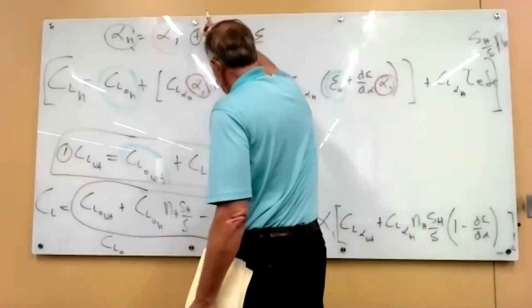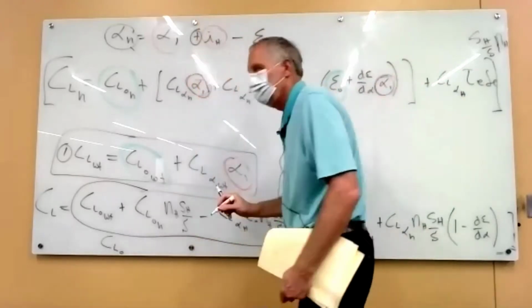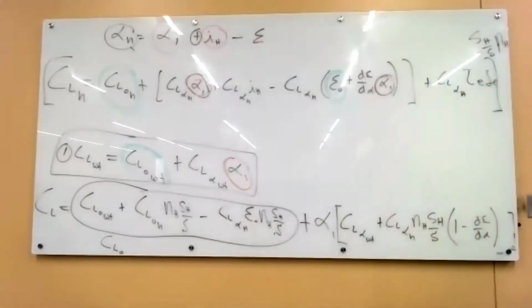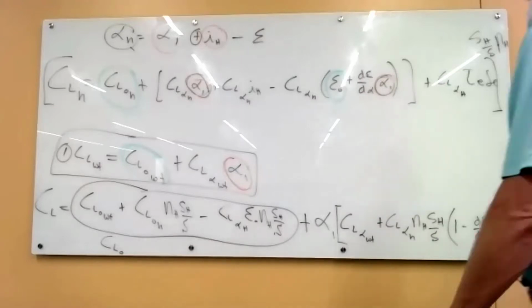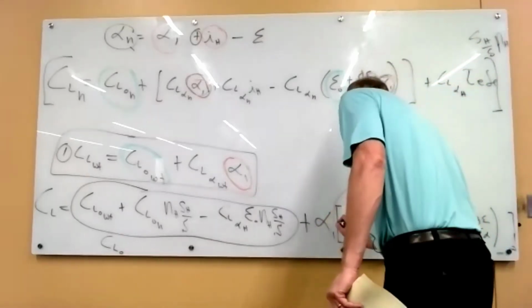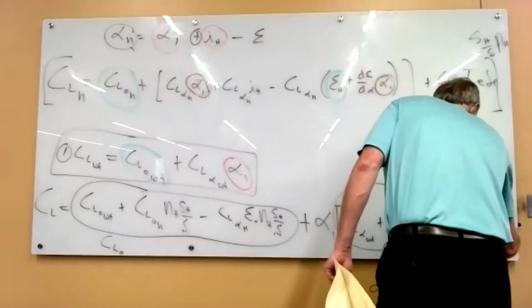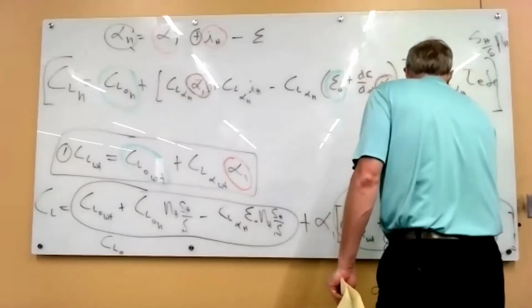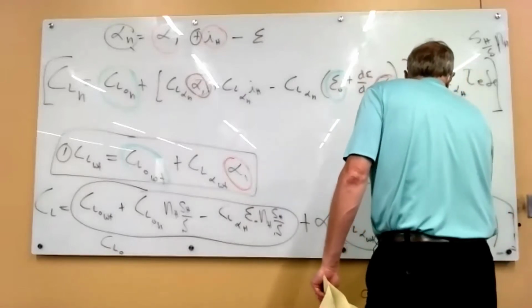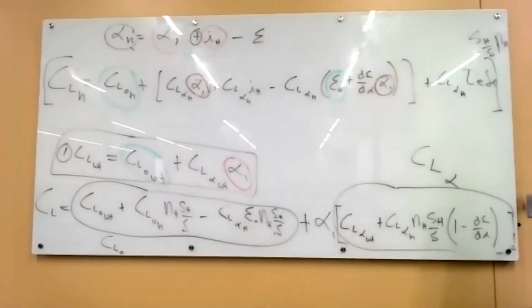Those are the ones that came from up here, and then we still have this one there. And this thing is what we call, in our linear math model, CL alpha. So that's the lift curve slope of the entire airplane, the wing plus the horizontal tail.